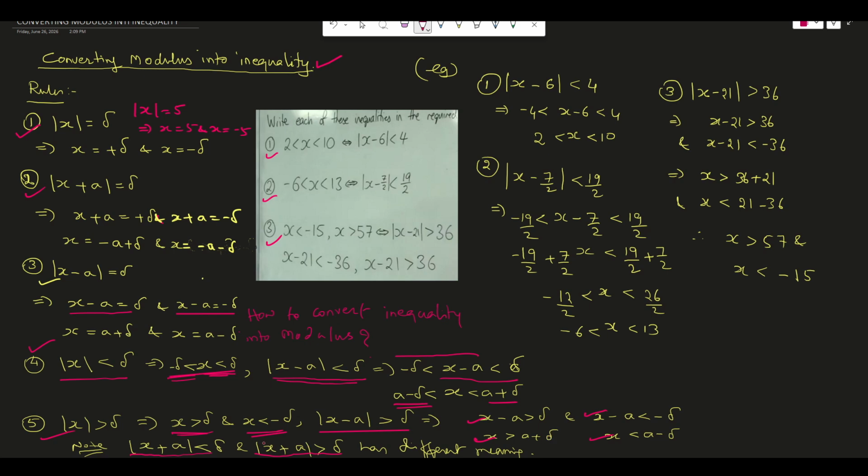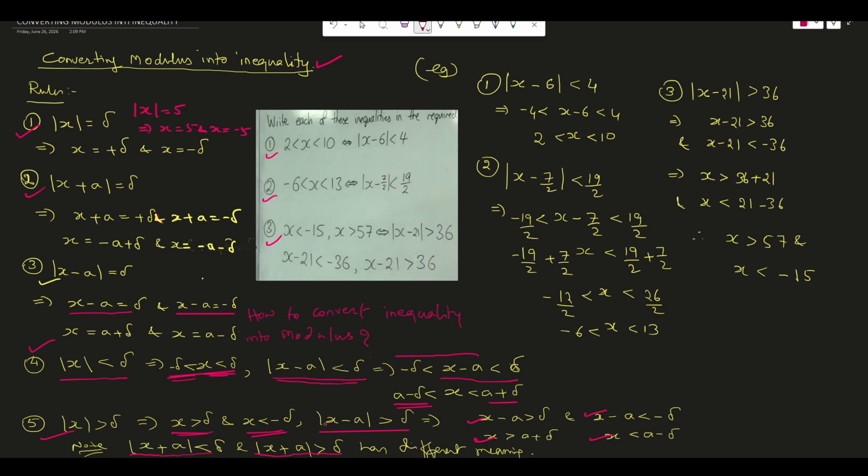You should not get confused between modulus of x plus a less than delta and modulus of x minus a less than delta. Both are not the same. That is what I want to say. Modulus of x plus a less than delta and modulus of x plus a greater than delta are totally two different things. So all this I have discussed here.